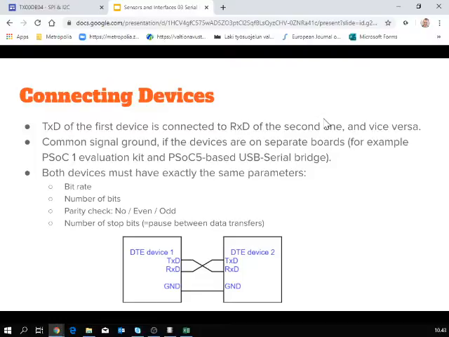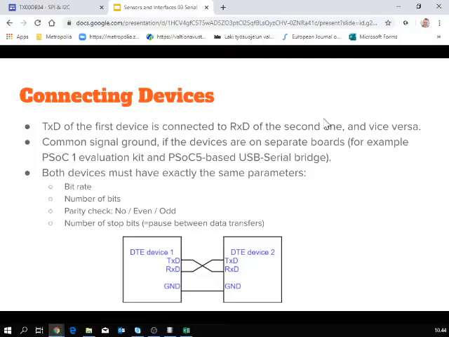But anyway, basically if you have two data terminal equipment, then one is transmitting, another one is receiving. Then there's a ground. There are some exceptions if you have a communication device. It could be that the other device is defined as data circuit-terminating equipment, meaning basically the computer end in the old-fashioned way.